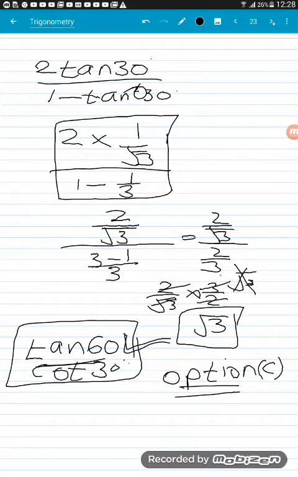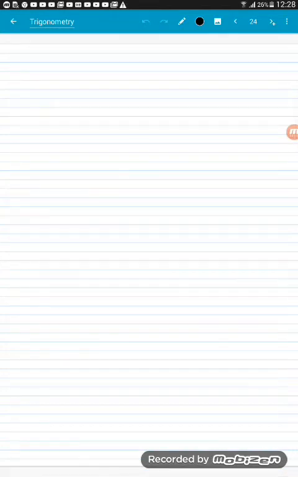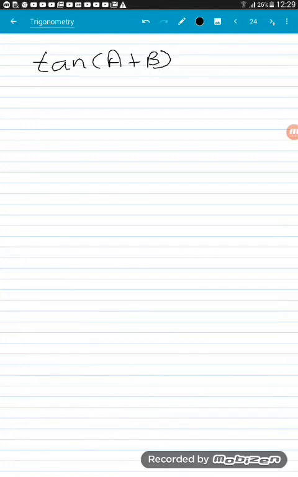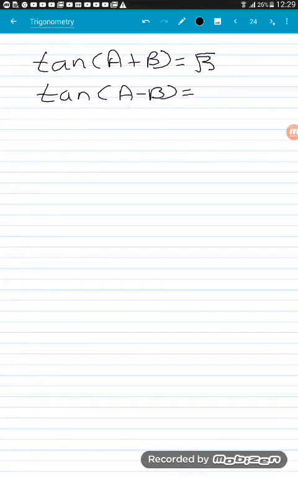Now we will move on to the third part. It says that if tan A plus B, this one we already saw in the example, tan A plus B equal to root 3, and tan A minus B equal to 1 minus root 3.